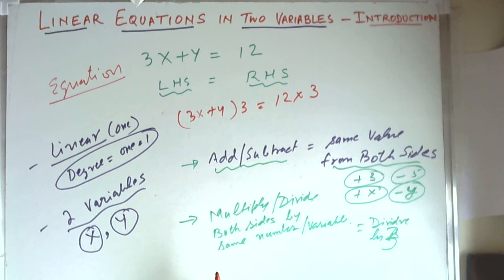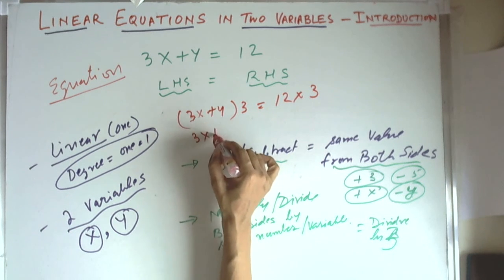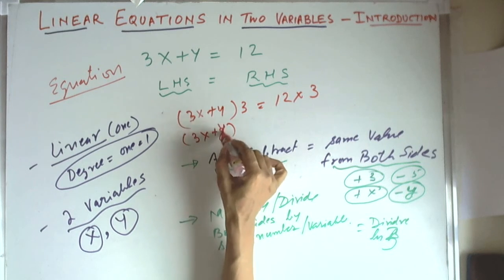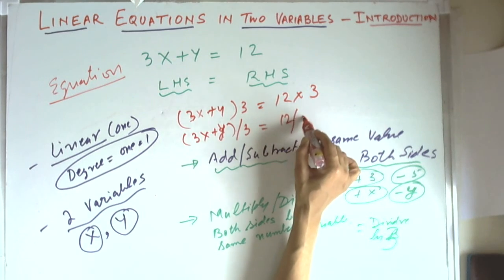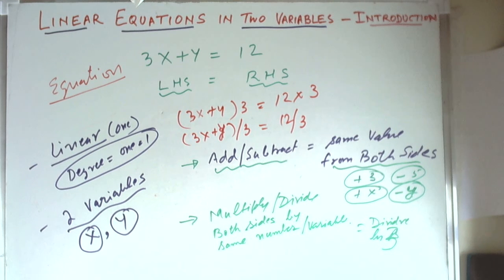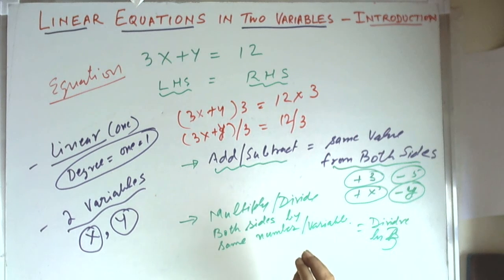And remember, we have to do the whole expression. If we are dividing by 3, we can also do 3x plus y divided by 3, and this side also 12 divided by 3. So like that we can multiply, we can divide, we can add, and we can subtract. The equation still holds. So while solving the equations, we basically use this concept of adding or subtracting or multiplying and dividing.